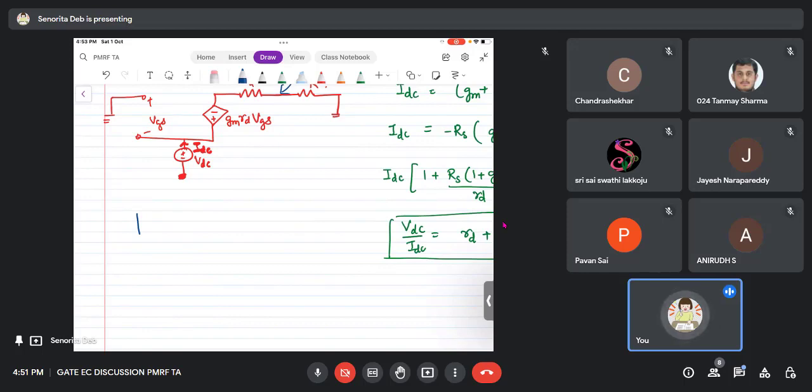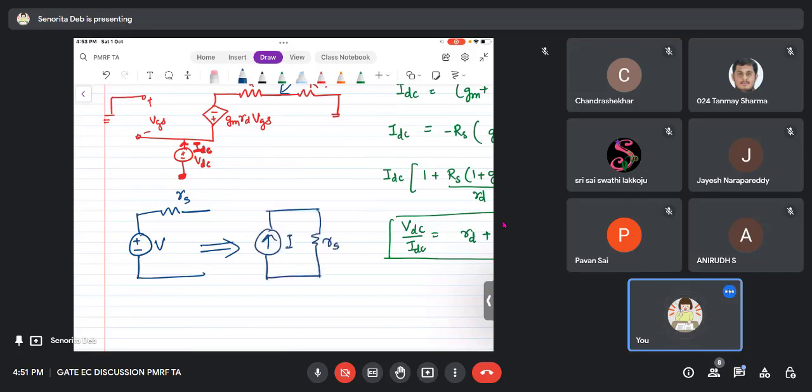Basically, a voltage source with a series resistance is the same as a current source with the same resistance. In this case, the value of the current is nothing but V by Rs.